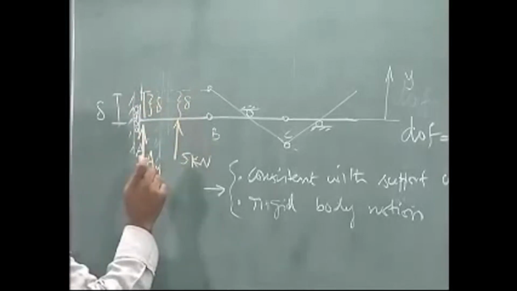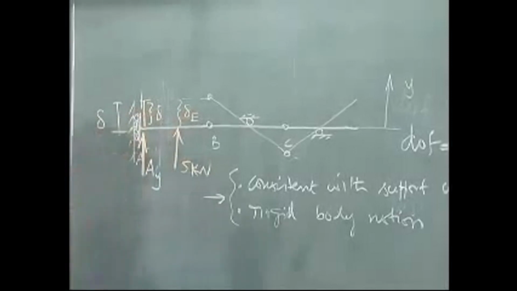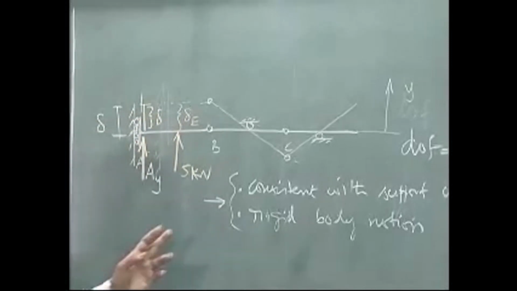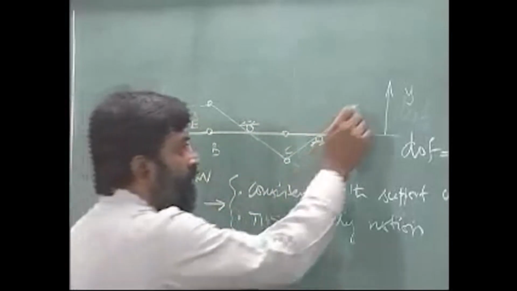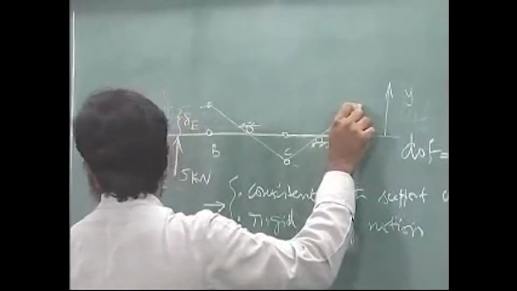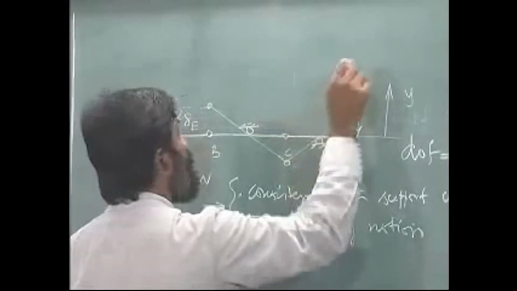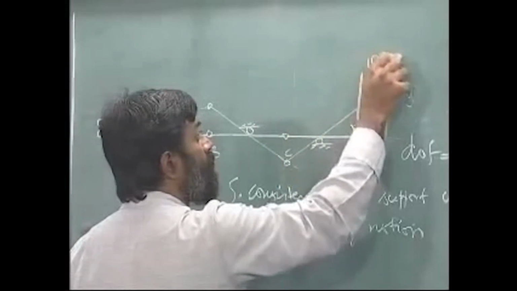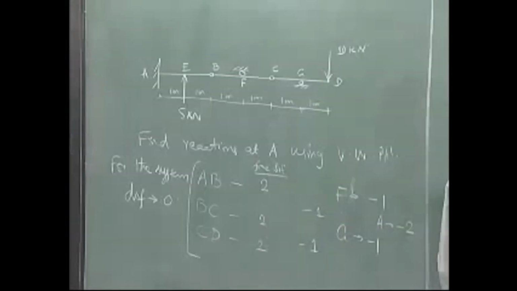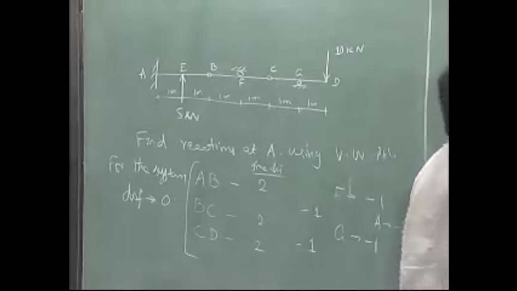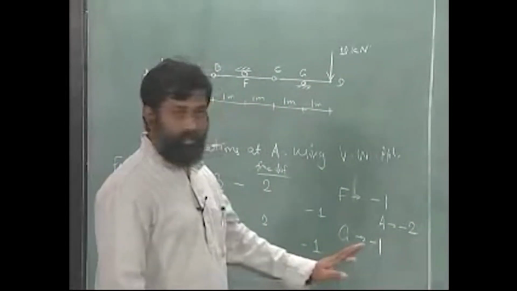I am going to represent this as delta E. I have to write delta E in terms of delta if I have to solve for this. Do I need to draw anything else? Only here. Here I have a vertical force acting like this equal to 10 kilonewton, and this is the virtual displacement delta D. Is this clear?